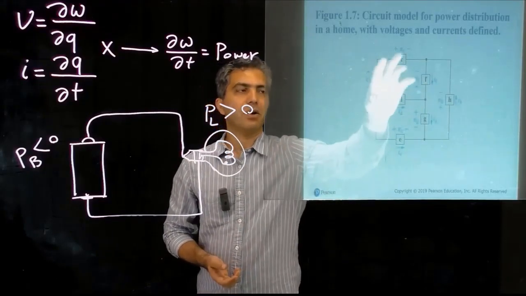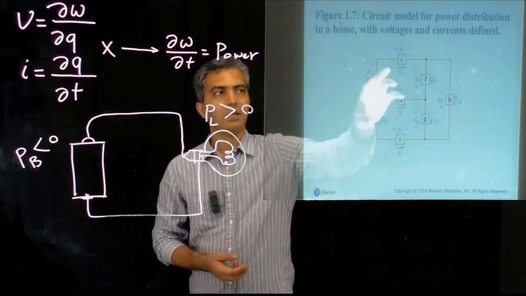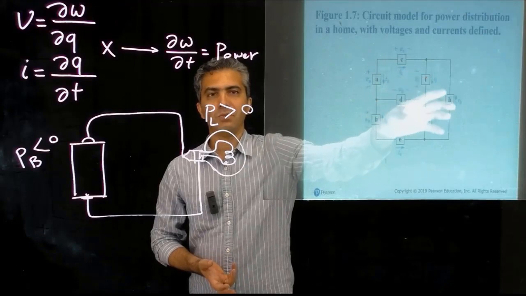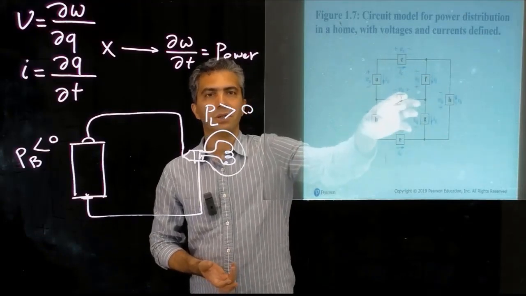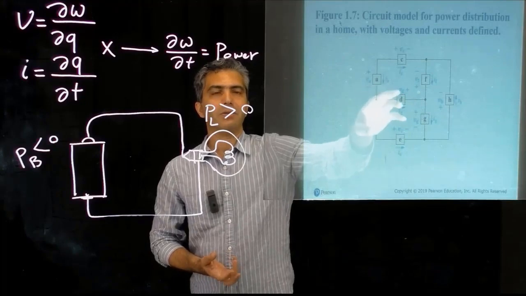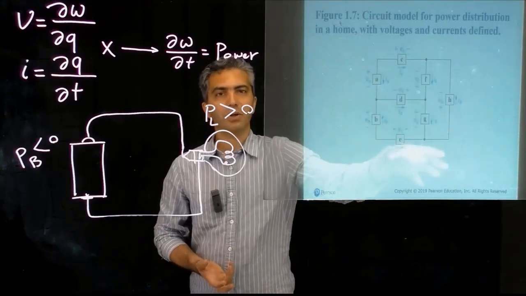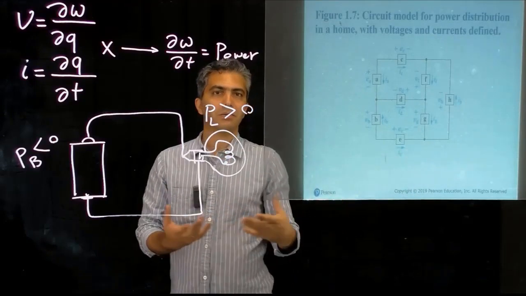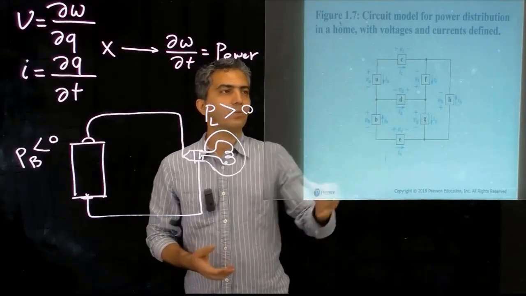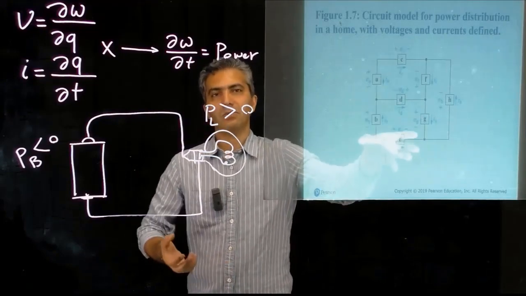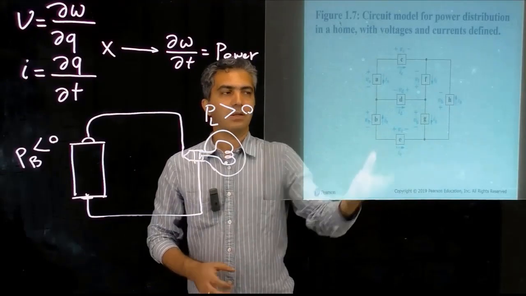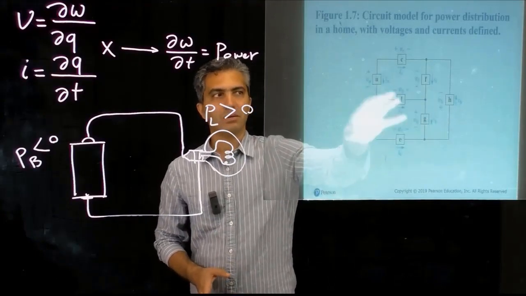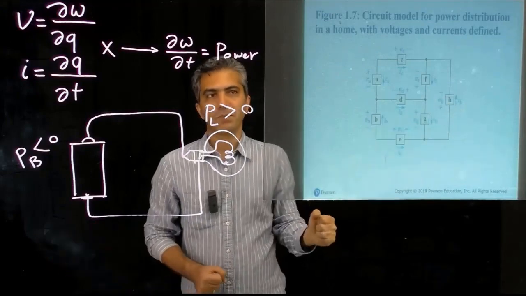So if I calculate all the powers that are generated by the components within the system, and then calculate all the powers that are consumed by all the components within the system, and add them up, it's very intuitive to assume that the total power has to end up being 0, since there is no electrical interaction with this system from outside.